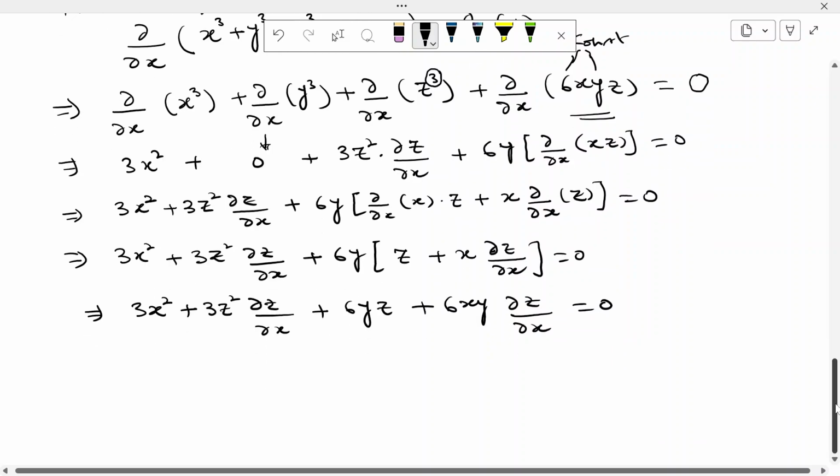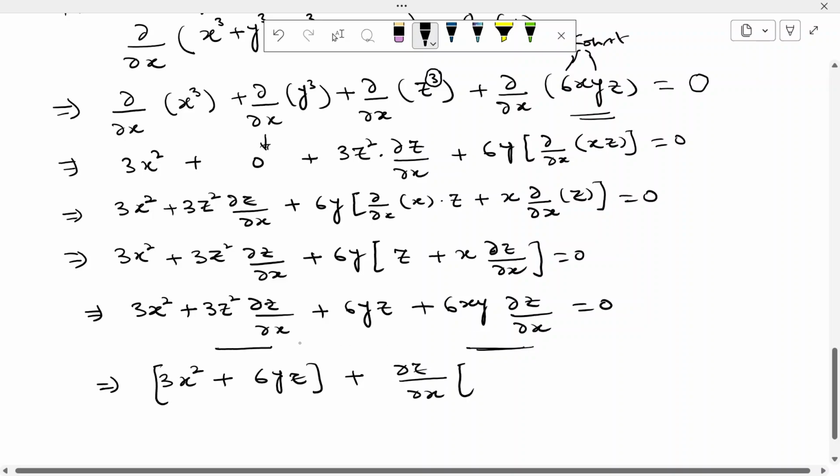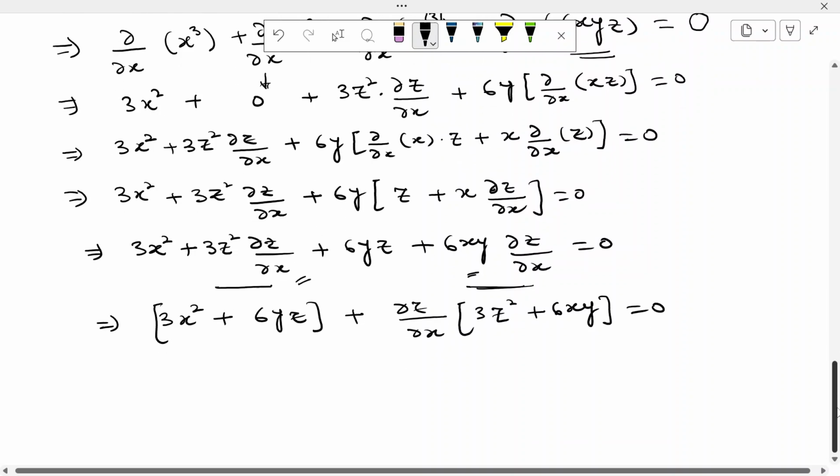Now we can make it simpler by combining the like terms. So this will give us (3x² + 6yz), and here we will take this ∂z/∂x as common from these two terms, and we have (3z² + 6xy) = 0.